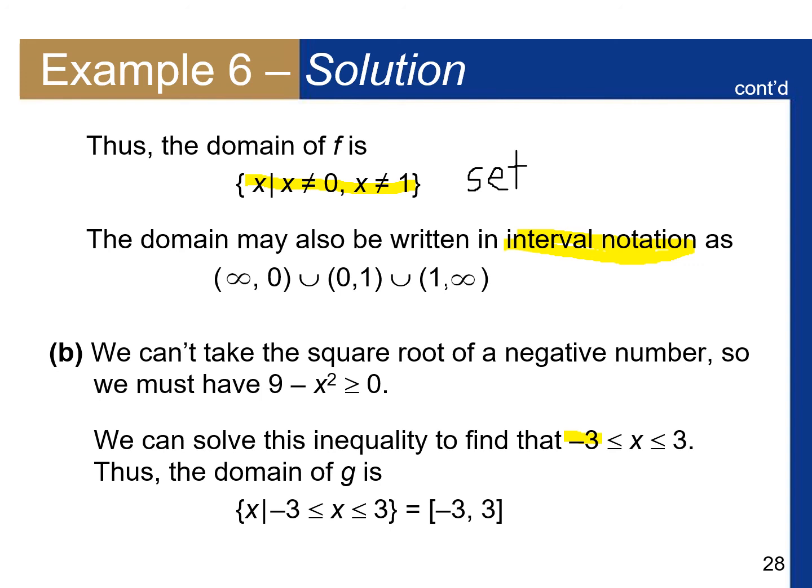So we know that I can only have numbers that are between -3 and +3, including those, since we have the equal to. So now I can write it in interval notation as -3 to 3. So again, we need to remember that we can square 3 in there, but we can also square -3 in there.